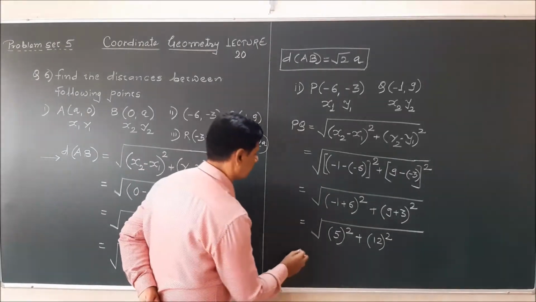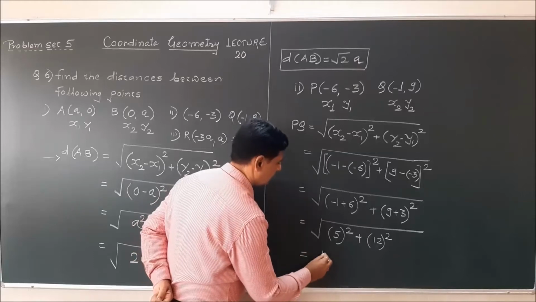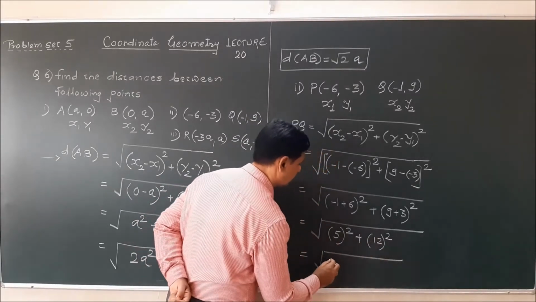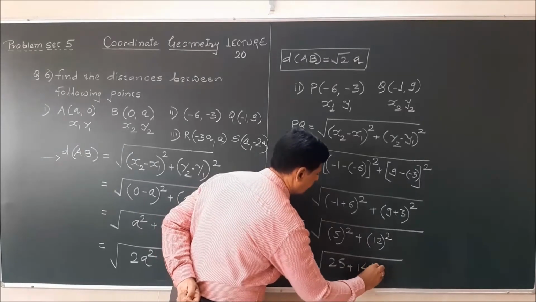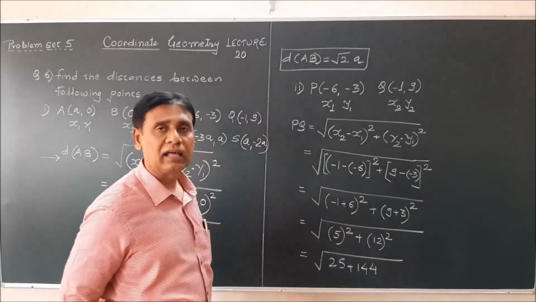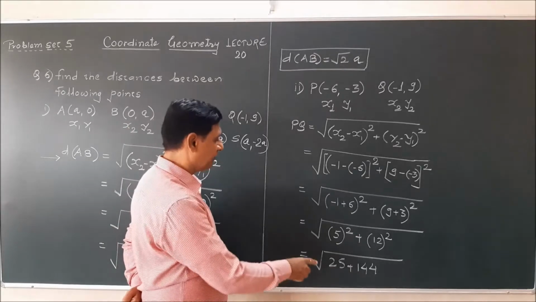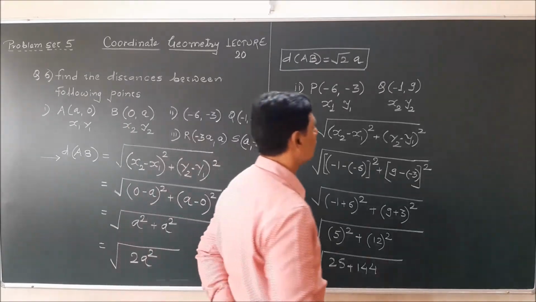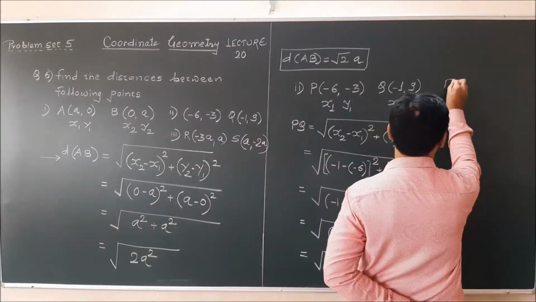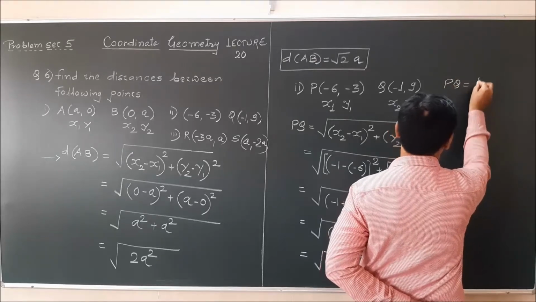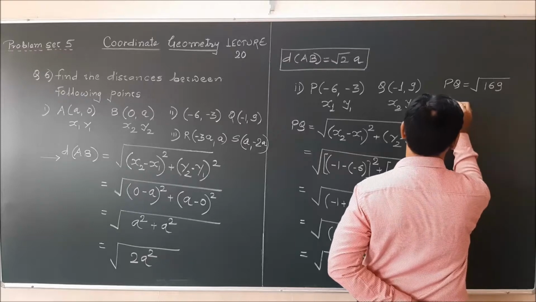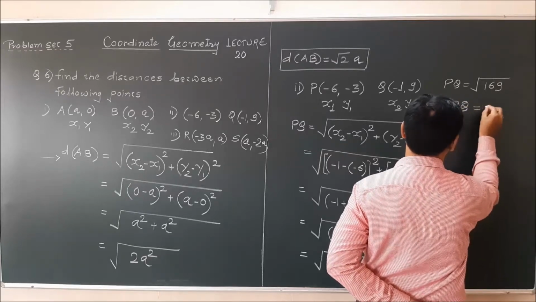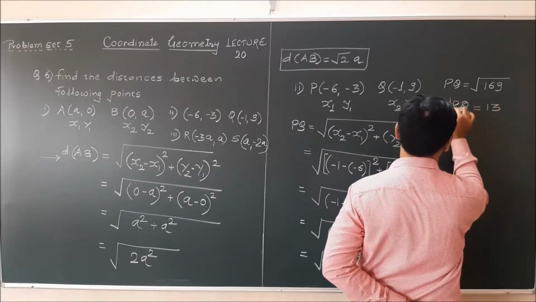So you will get square of 5 as 25, square of 12 is 144. So 25 plus 144. So PQ is equal to root of 169. So PQ is equal to 13.